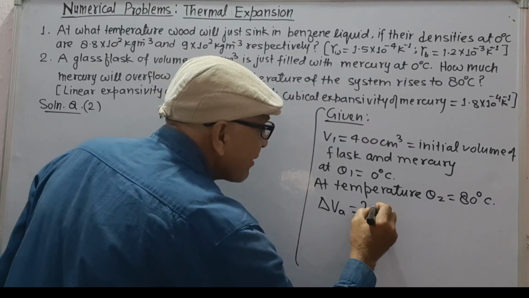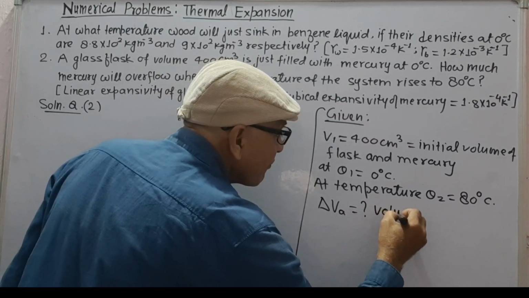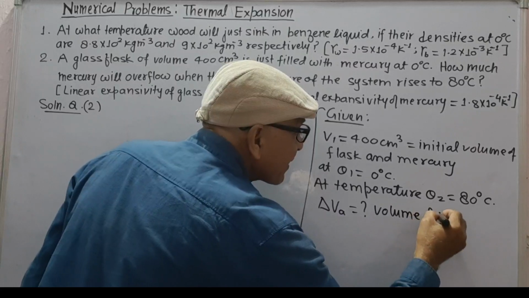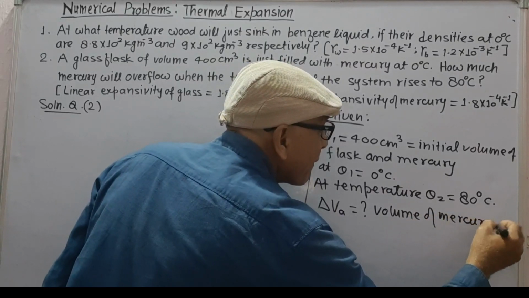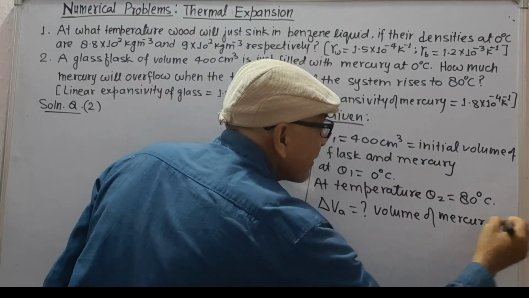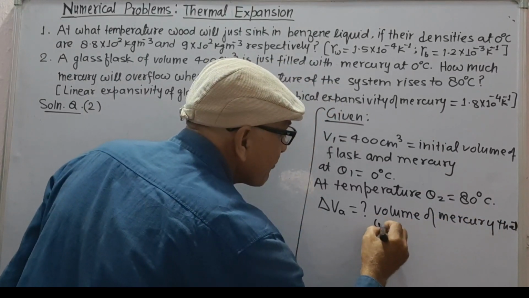Means the volume of mercury that will overflow.